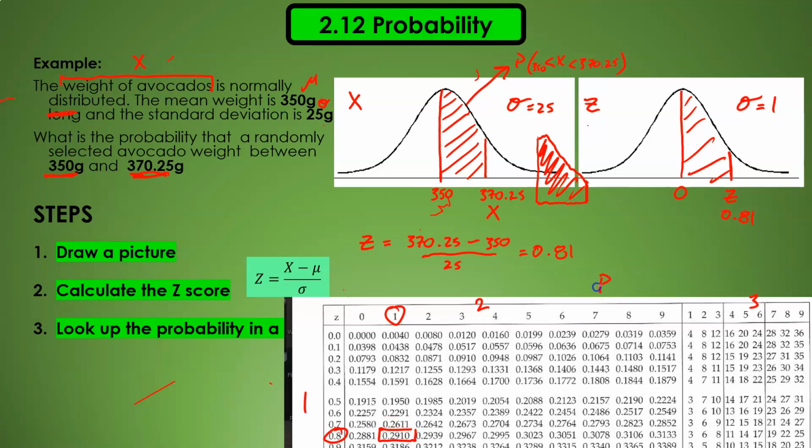So the probability that x is greater than 350 but less than 370.25 is equal to 0.2910.